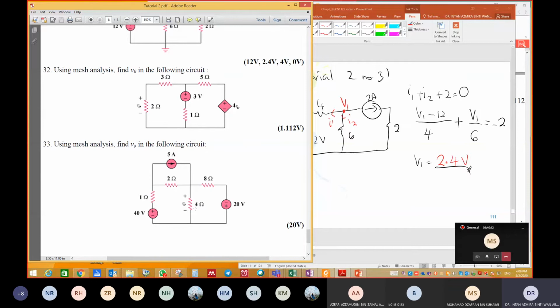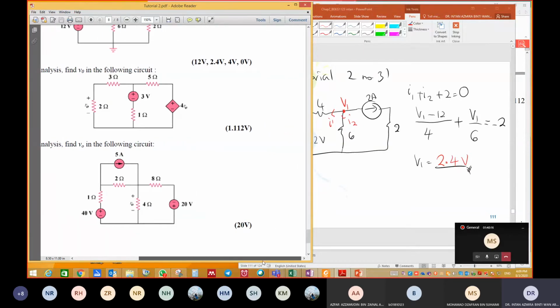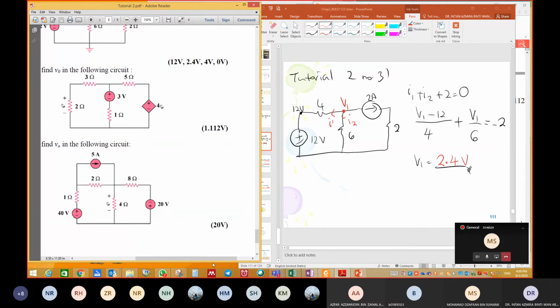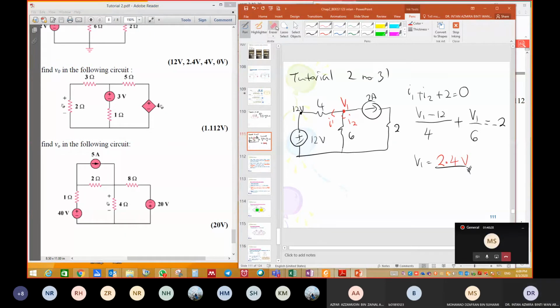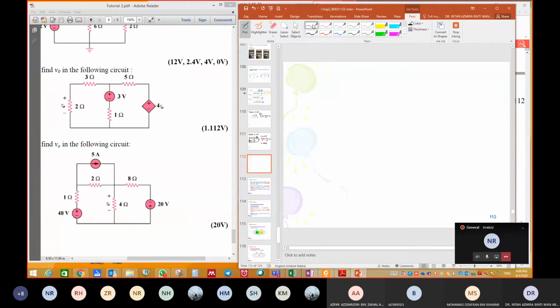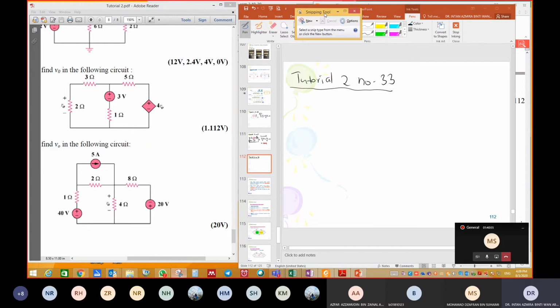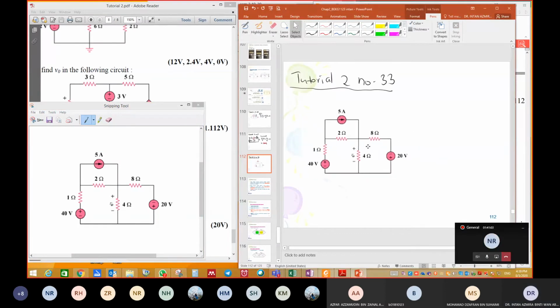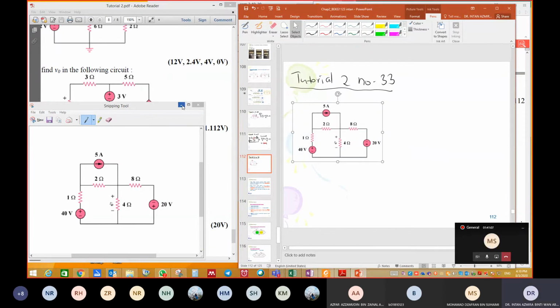How about finding V naught by using nodal analysis? Okay. Try. Number 33. Try it now.